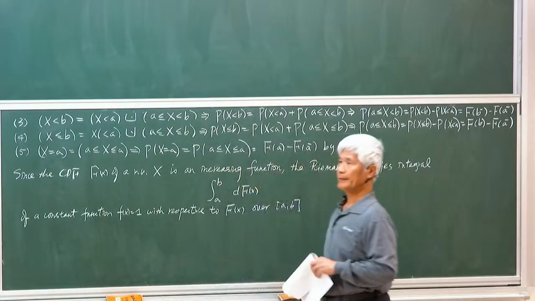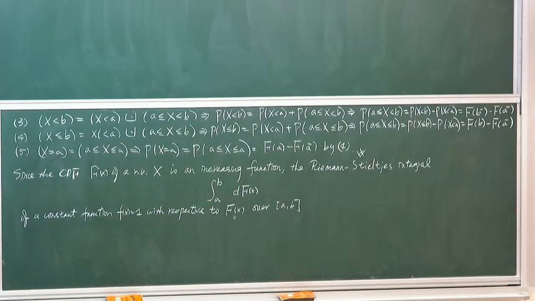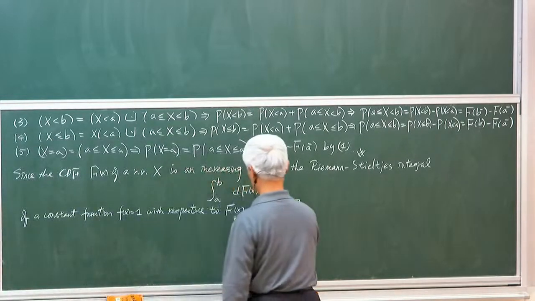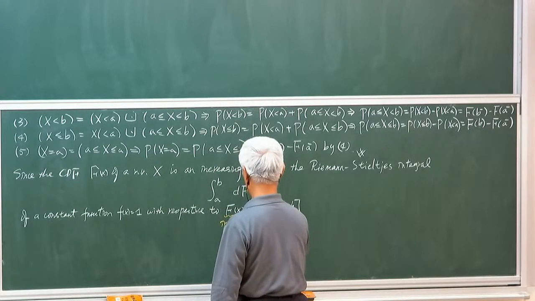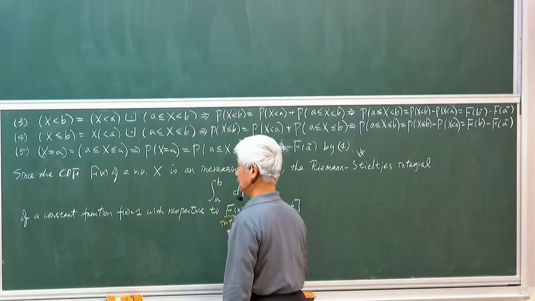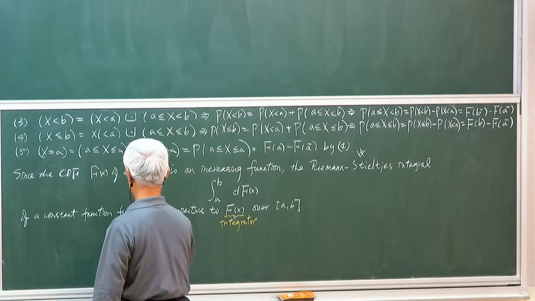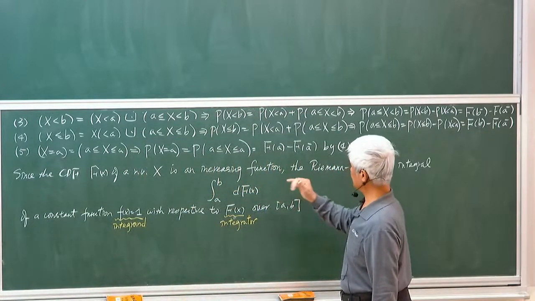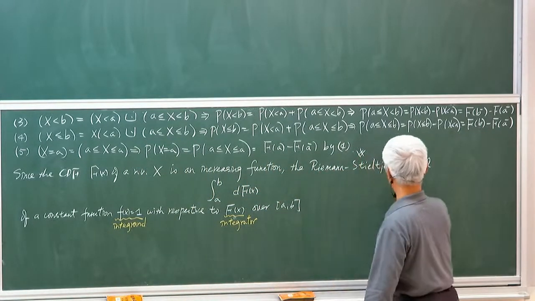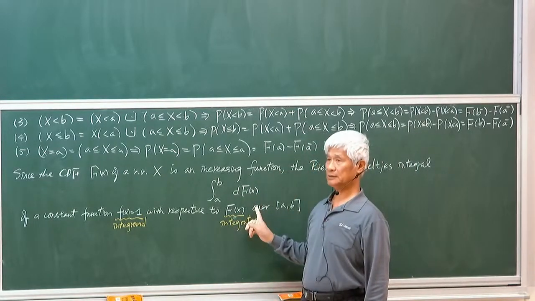Right. So F(x) becomes the integrator. So this is the integrator, and this is the integrand. The usual Riemann integral is the case where the integrator is equal to x, the linear function.